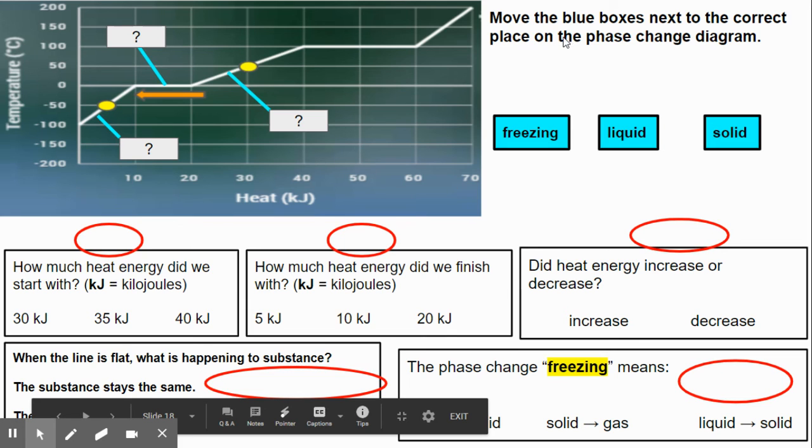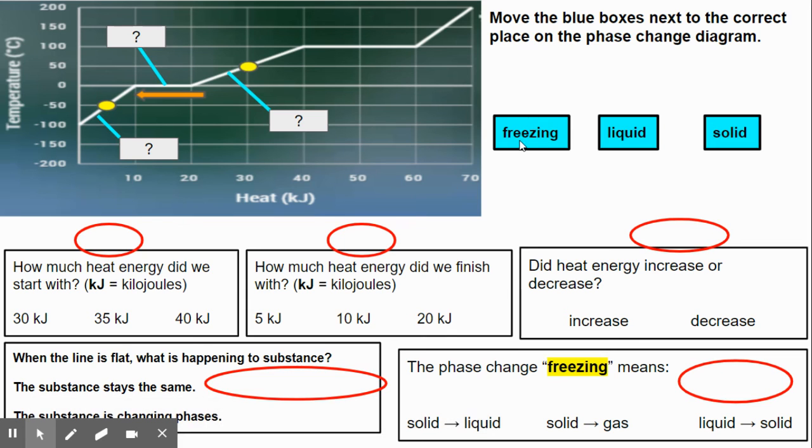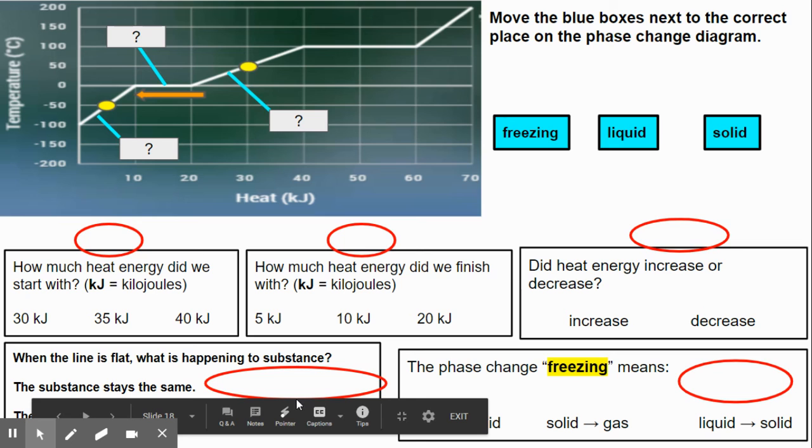Move the blue boxes next to the correct place on the phase change diagram. Again, answer the questions about heat, what's going on when the line is flat, and what does freezing mean?